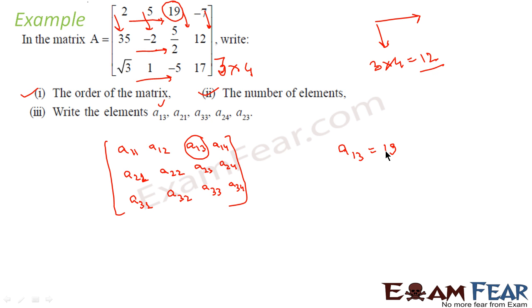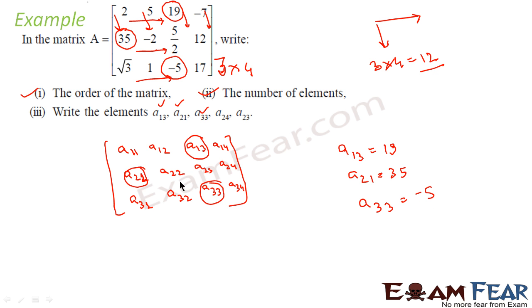The next element we have to find is A21. A21 is this. To compare these two matrices, A21 corresponds to this element 35. So A21 is nothing but 35. The next is A33. So if you see A33 is this element corresponds to -5 here. Compare these two matrices. So we can say that A33 is nothing but -5.